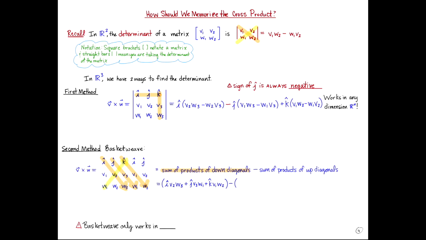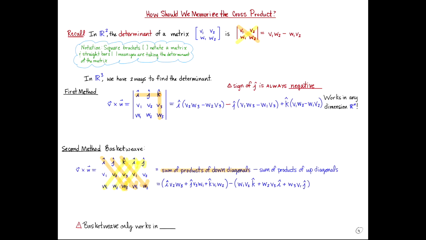is W1 times V2 times k, plus the next up diagonal gives us W2 times V3 times i, plus the product of our third up diagonal, W3 times V1 times j.